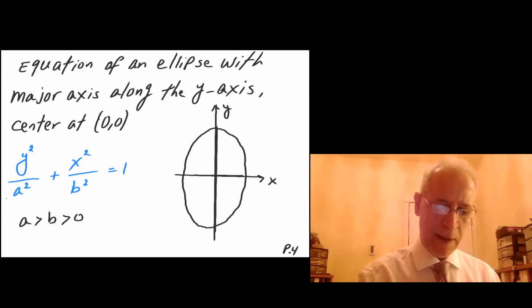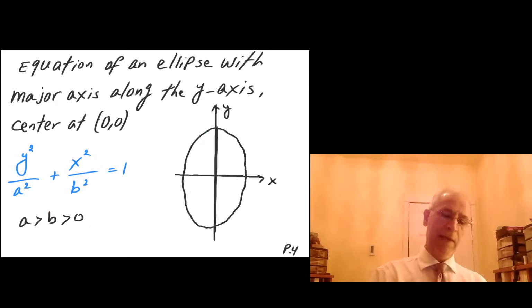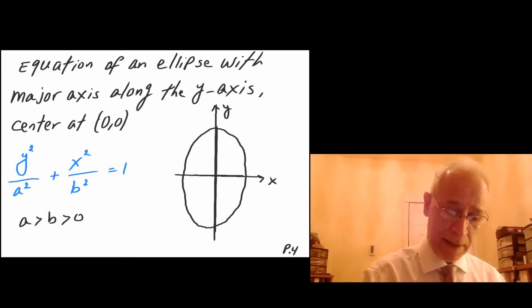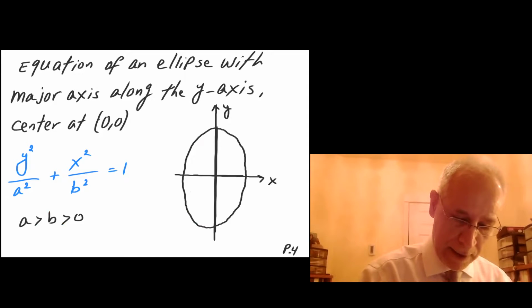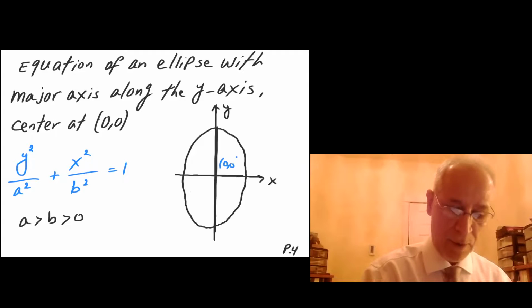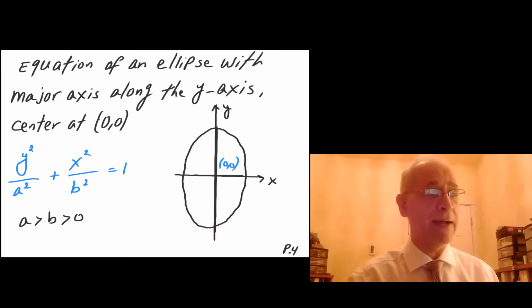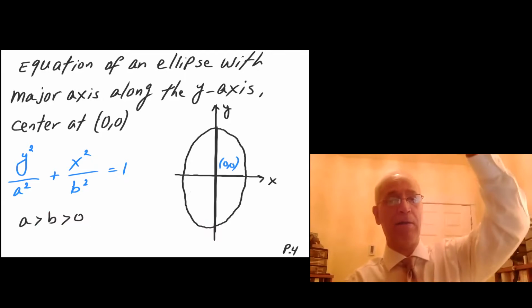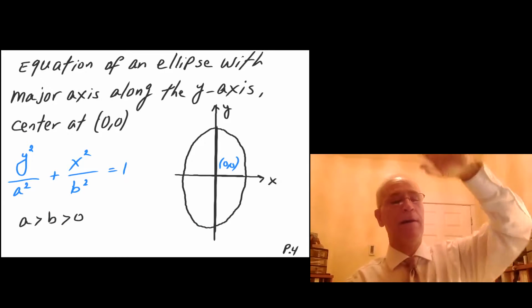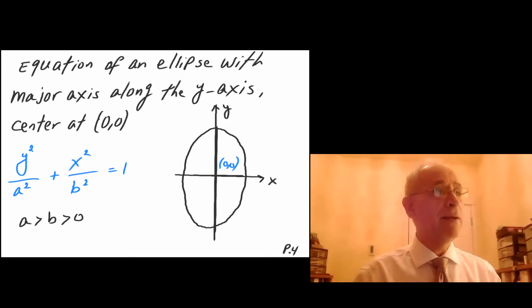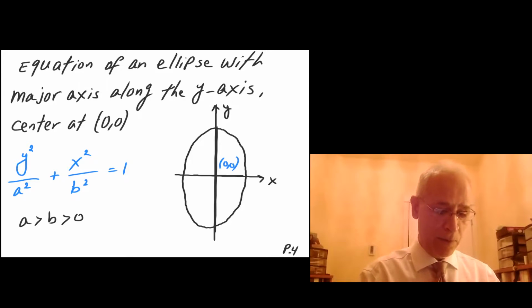Now, if you have an ellipse where, again, the center is here at 0, 0, but the major axis is along the y-axis, so it's elongated vertically, then notice that y squared and x squared switch places.